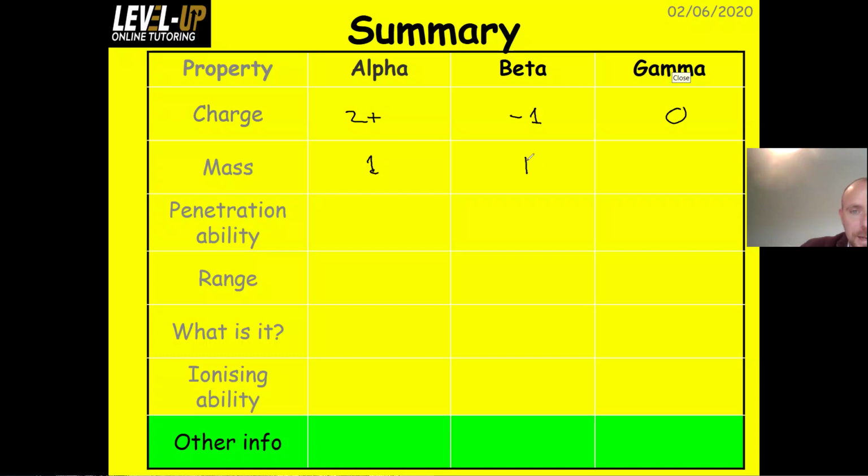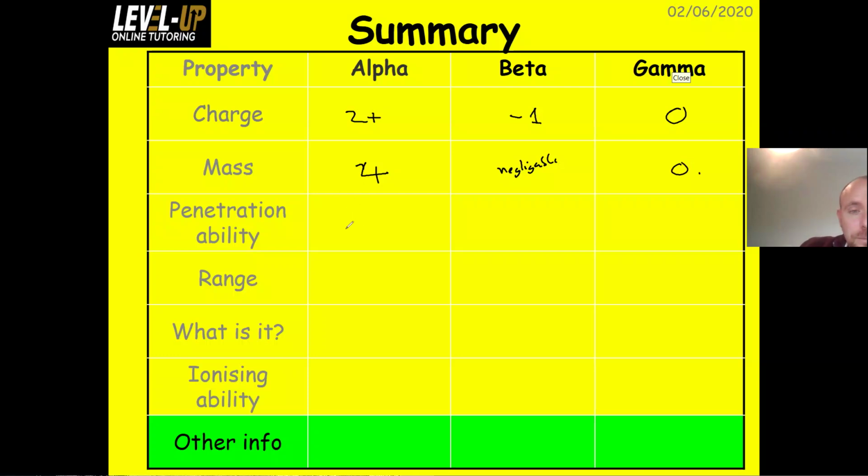The relative mass of a proton or neutron is 1. These are alpha, beta, gamma. The mass of an alpha particle is 4, the mass of a beta particle is negligible, and gamma again is 0.